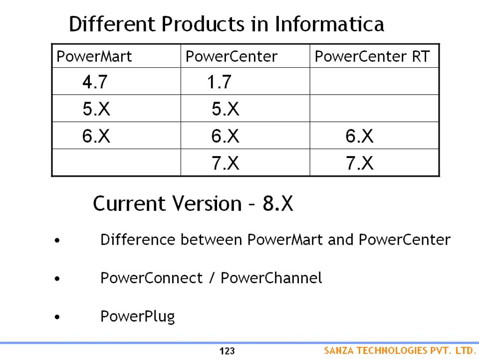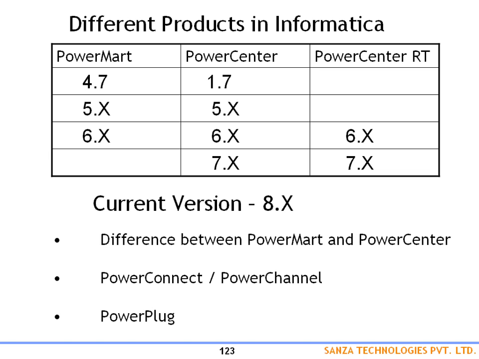It will work only with PowerCenter, not with PowerMart. So when your source is SAP or any other application, you have to use PowerCenter, and also you have to buy the product called Power Connect or Power Channel: SAP Power Connect, Siebel Power Connect, Oracle Apps Power Connect, separate products. The company has to buy them separately when its source is SAP or it is trying to load the data into SAP.